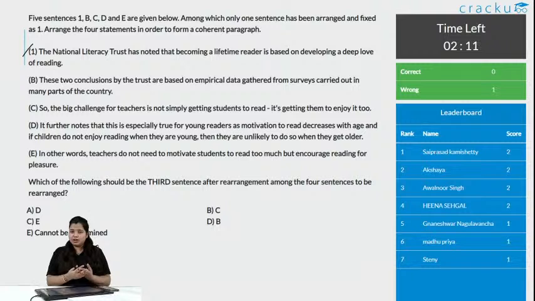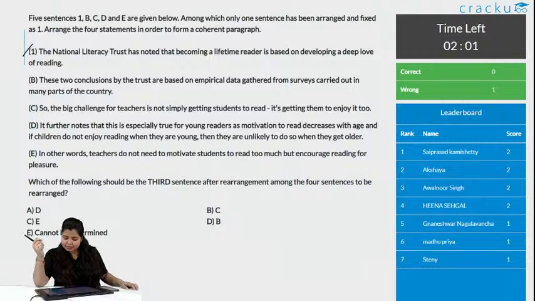Once you get the noun pronoun relation, you know what comes after the first fixed sentence, and after this you can solve the entire paragraph. This will make the thing very easy. Okay, remaining 2 minutes.